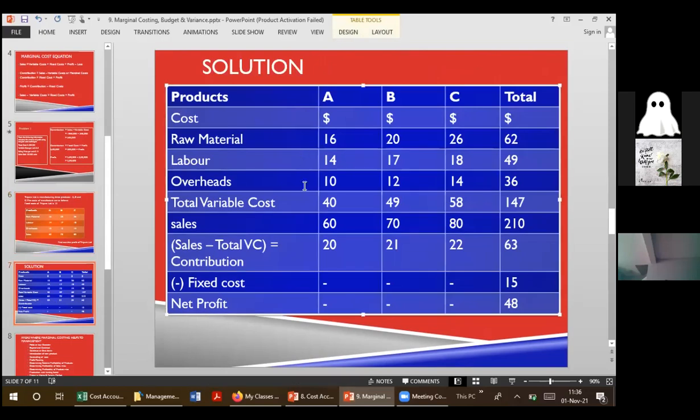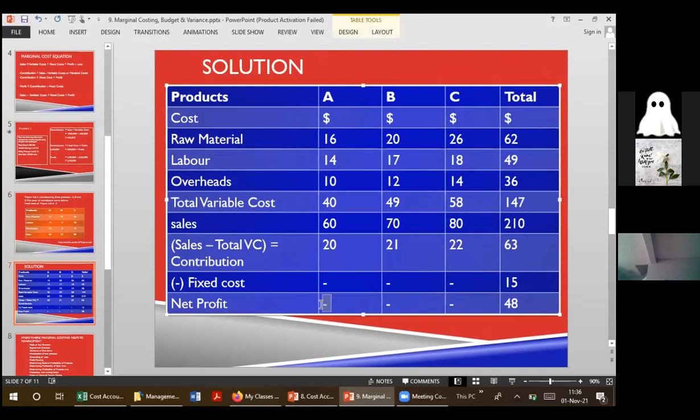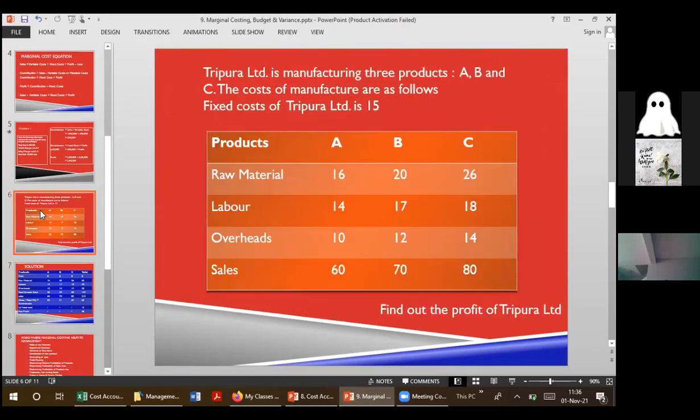All three costs add up to be variable cost, and the variable cost gives us the contribution, which leads to net profit from the sales. Net profit would be the same here. So we'll solve these tomorrow, starting with the next section of our syllabus, that is CVP analysis.